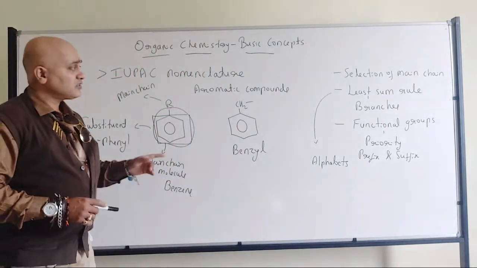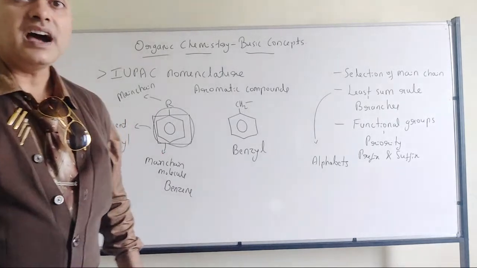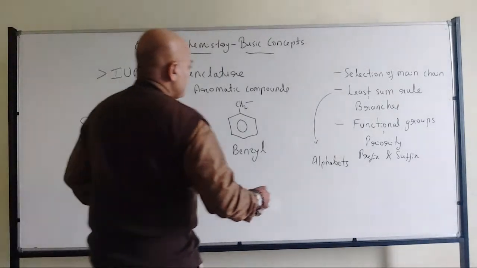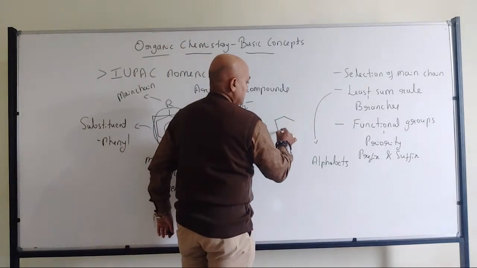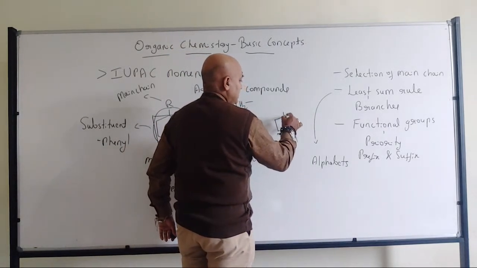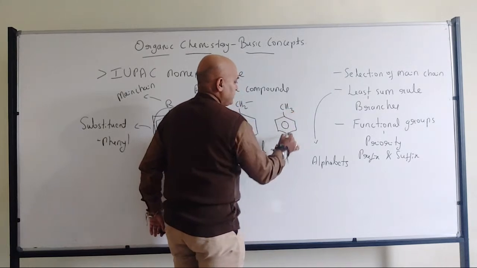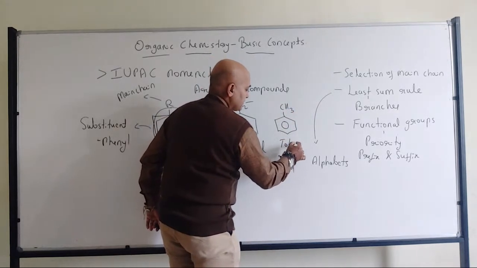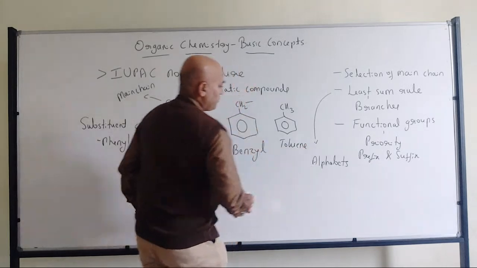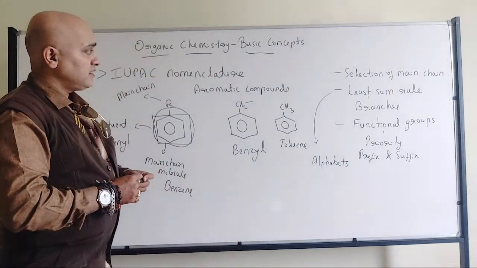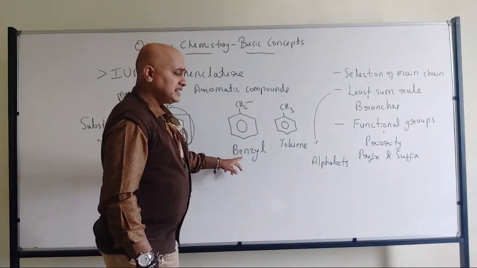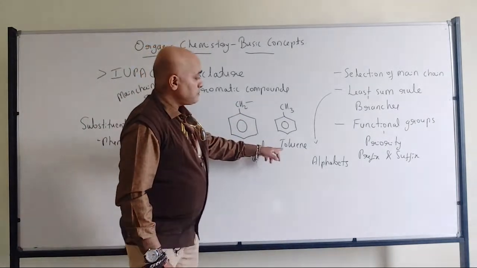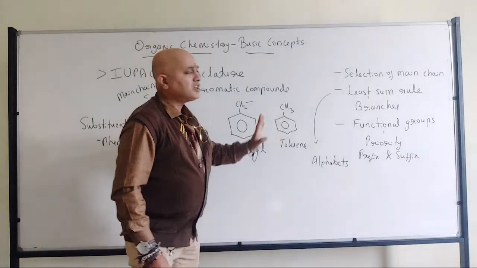Now if I consider this one as a parental molecule, it can go with toluene. All of you have got my point? So benzyl, when it is used as a substituent, the parental molecule can be a toluene.